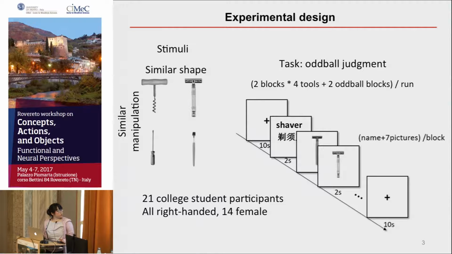We asked 21 college students to participate in our experiment, and they viewed blocks of pictures of these four tools and made a judgment about the pictures. For each block, a tool name was presented at the very beginning, followed by 7 pictures of these tools. The participants were asked to judge whether there was any oddball item inconsistent with the name of the tool.